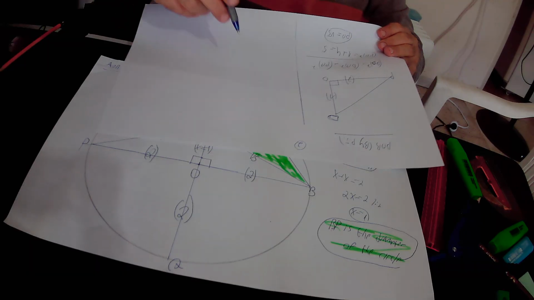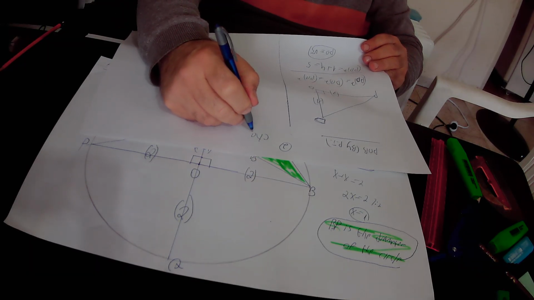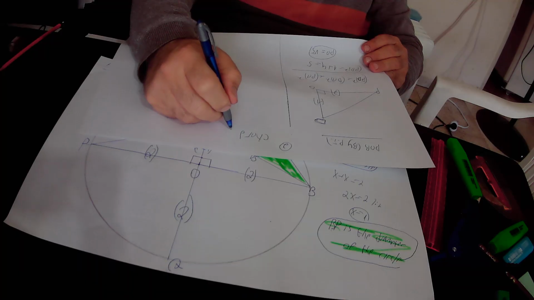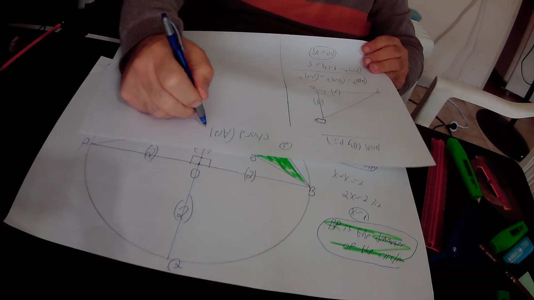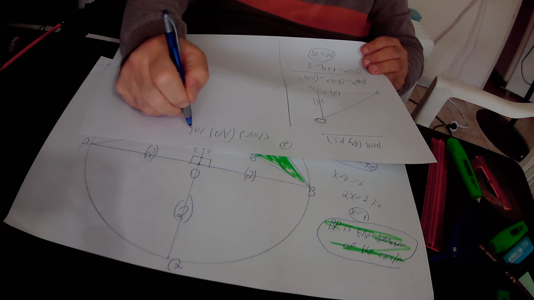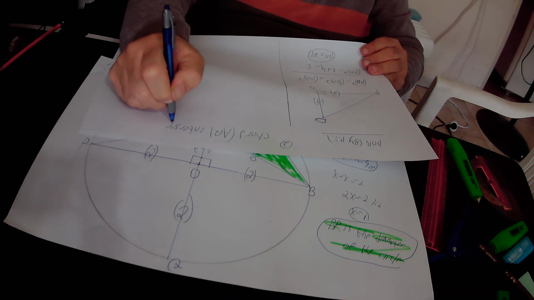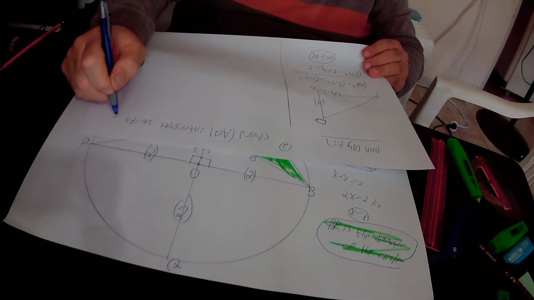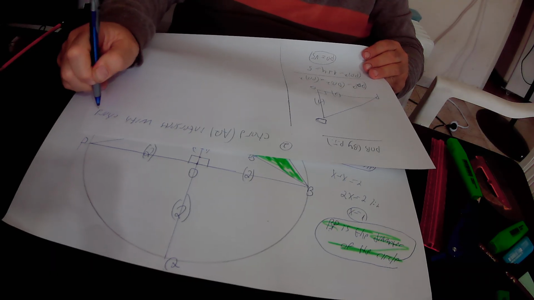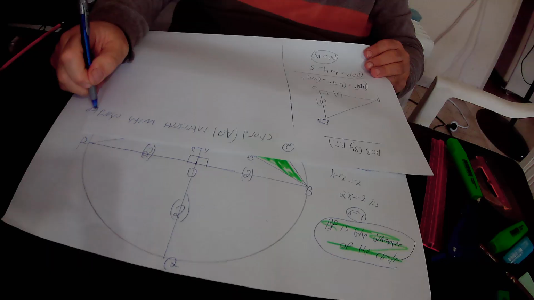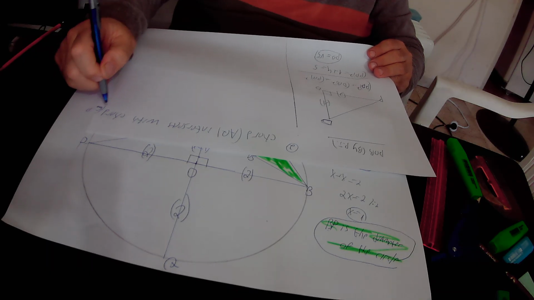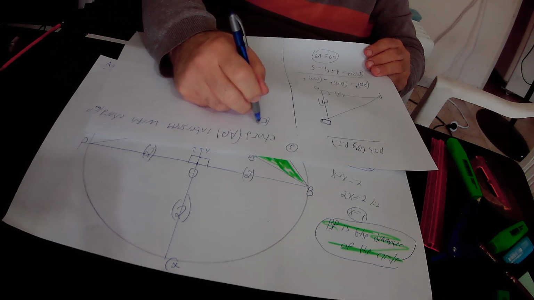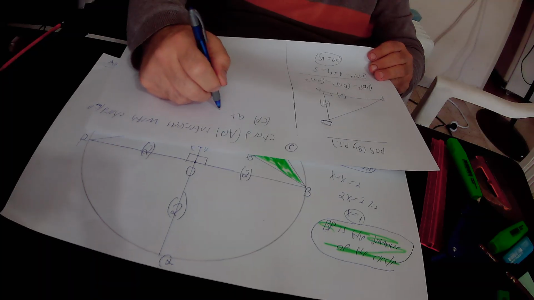Chord AQ intersects with chord CP at point D.